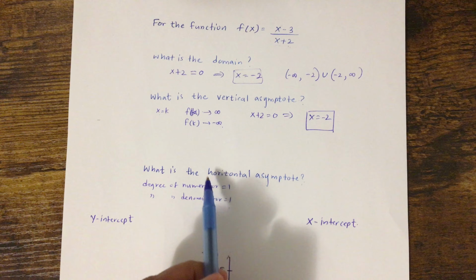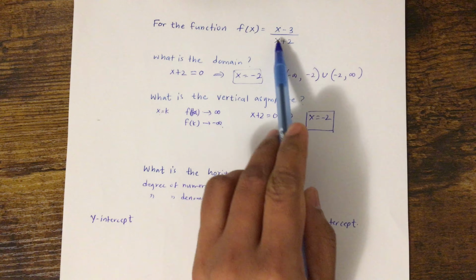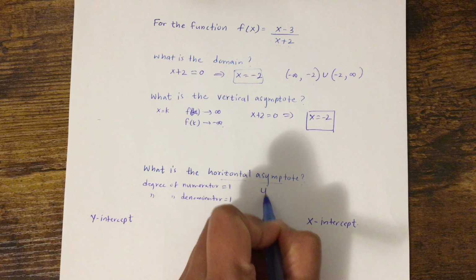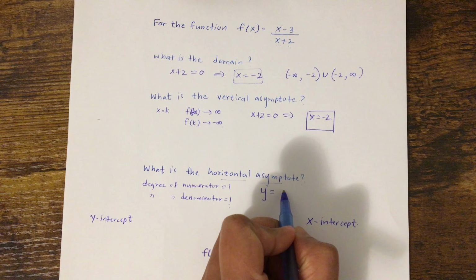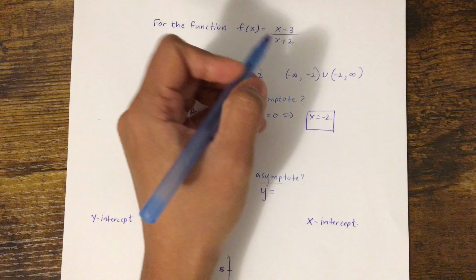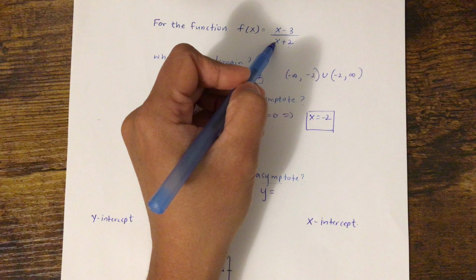So if you see this feature in a rational function, then to find the horizontal asymptote, you have to take y equals the ratio of these coefficients. So the coefficient of x is 1 and here also 1.